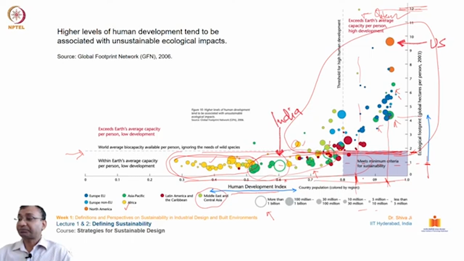And then the second one, the United States of America. As you may be aware, in the last 4, 5 or 6 years, America as a country has withdrawn from several international cooperative policies, like the Paris summit and the Kyoto summit. America has never signed the Kyoto protocols and is pulling out of the Paris agreement also, which is going to further fuel this ecological footprint.